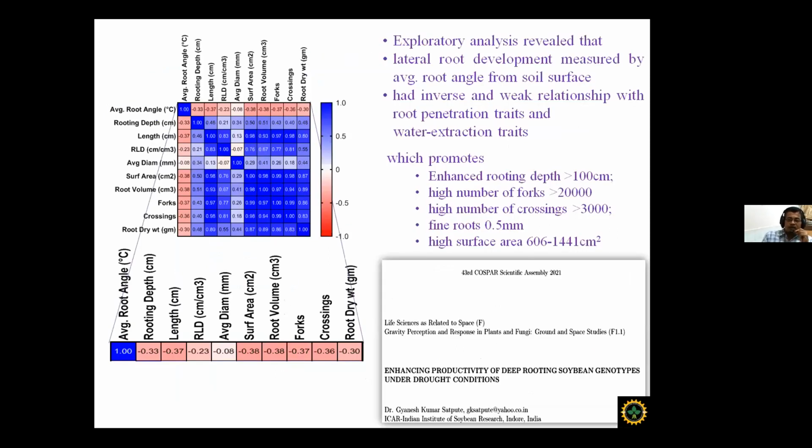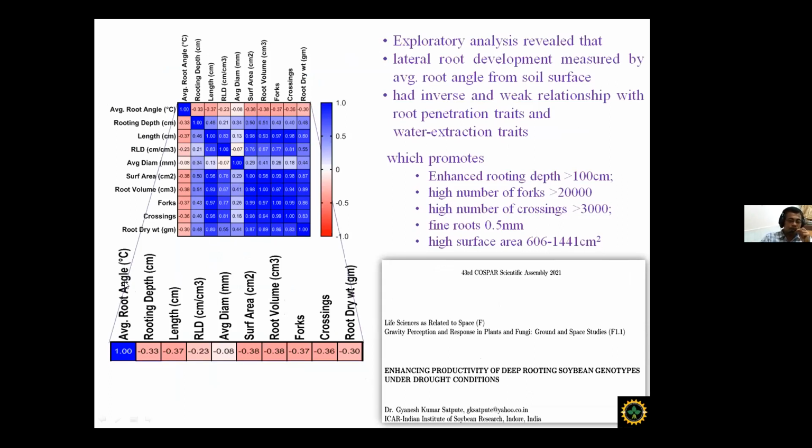So the exploratory analysis revealed that lateral root development measured by average root angle from soil surface had an inverse and weak relationship with root penetration and water extraction traits.